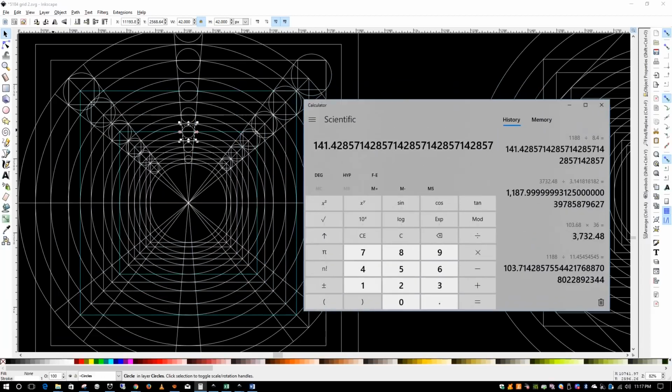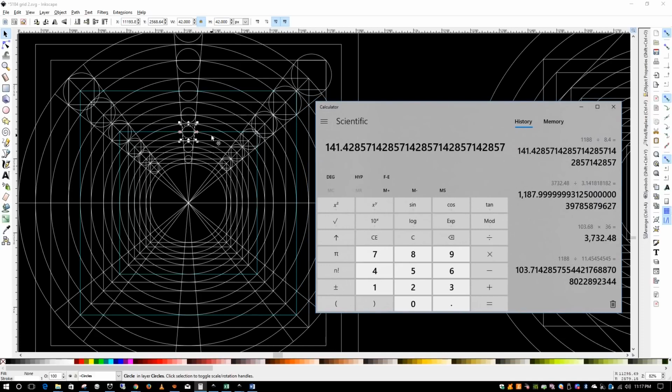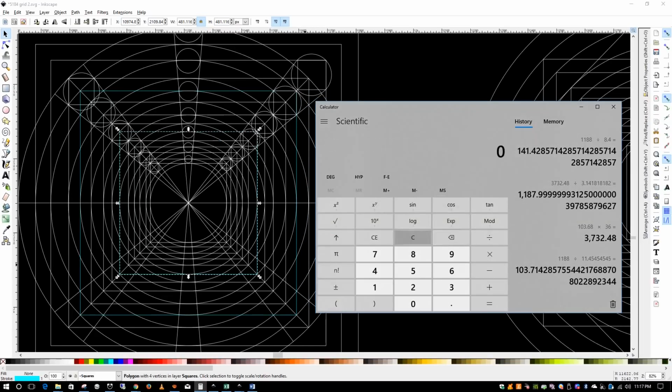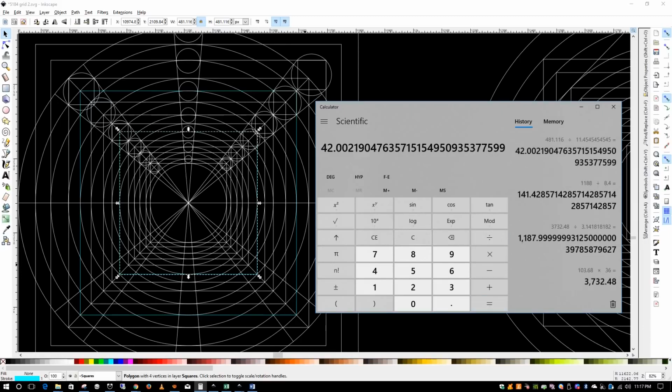And that is because we took 481.091. Well, let's just use the number that it calculated out, 481.116, and we'll divide by 11.4545. And we get 42.